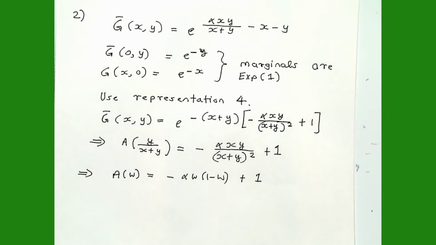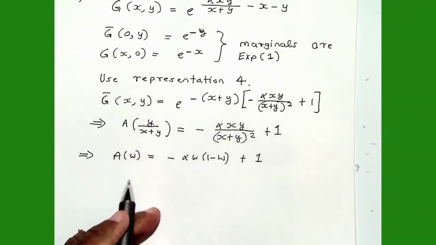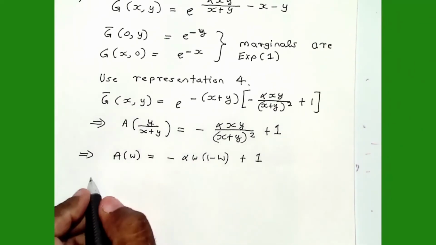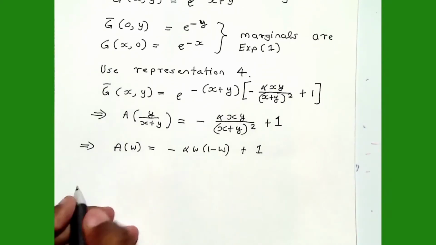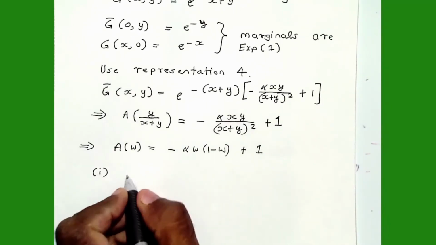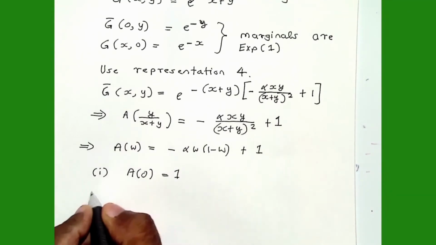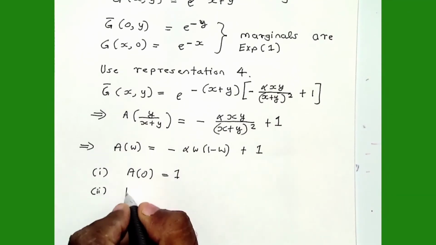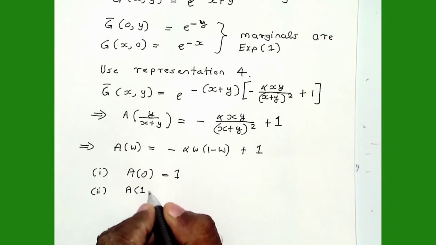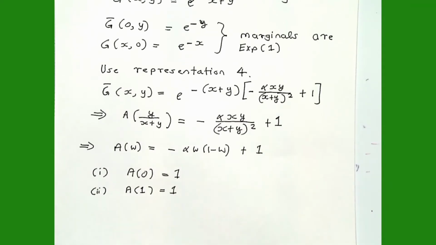Okay. All right, now what we need to show is the 4 conditions. We need to show that this function satisfies the 4 conditions, so the first condition is that A of 0 must be 1. Condition number 2 is that A of 1 must be equal to 1.